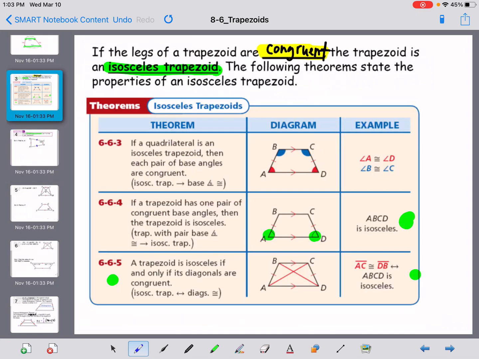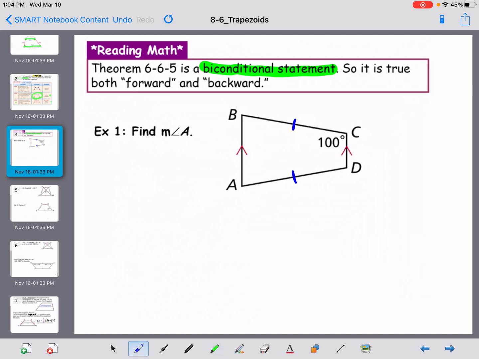Are the legs being congruent and parallel going to mean something to me? Yeah, when I look right here, that's the same picture that I have. So that means this is an isosceles trapezoid.